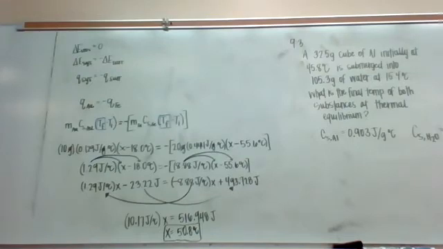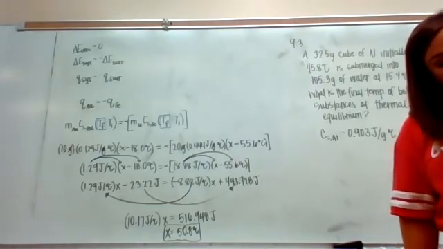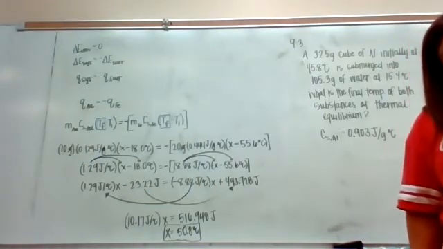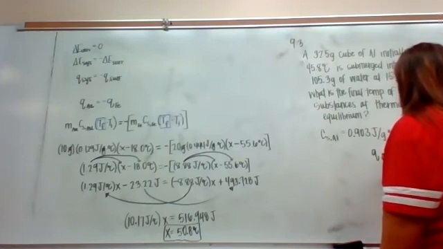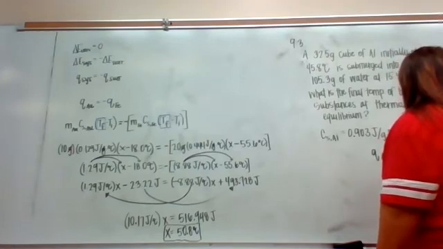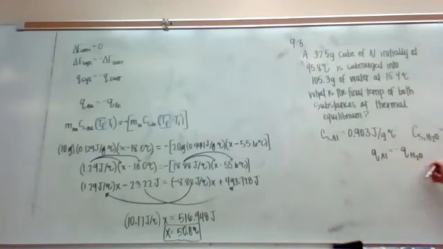What is the final temperature of both substances at thermal equilibrium? It also says in the problem, but I was being lazy, assume that the aluminum and the water are thermally isolated from everything else. So in other words, you can use this equation. Q of aluminum equals negative Q of water.